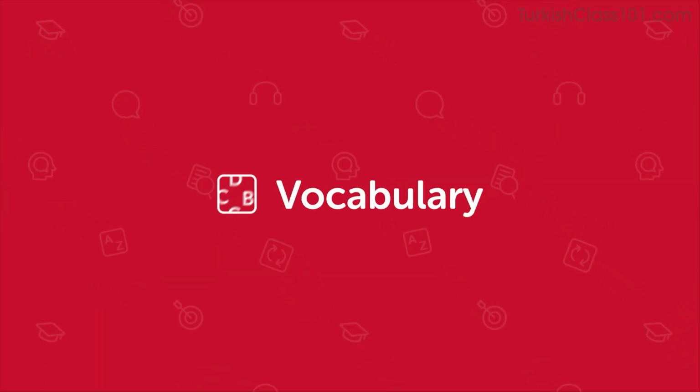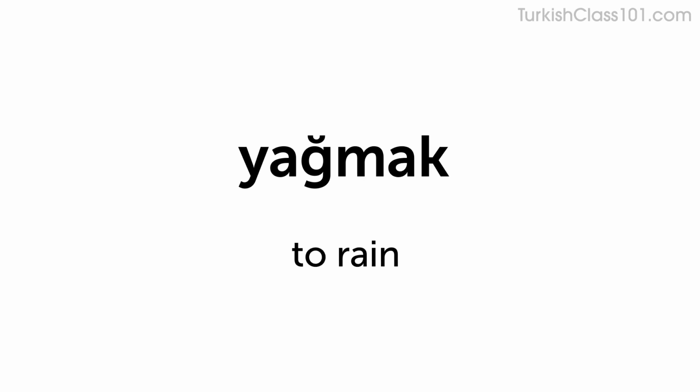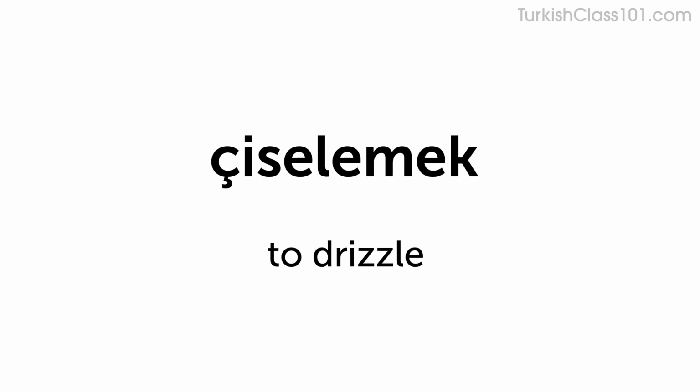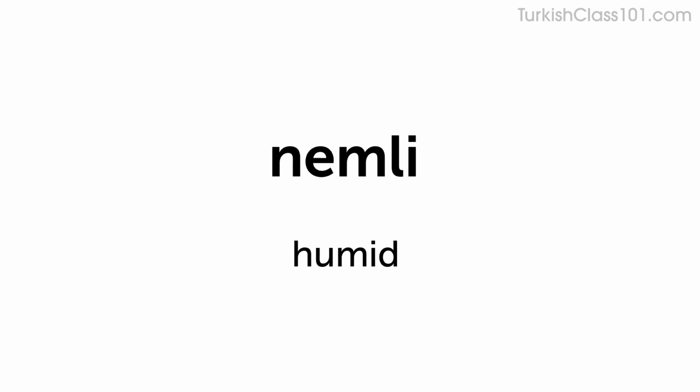Now you'll hear the key vocabulary, followed by the English translation. Yağmur, rain. Yağmak, to rain. Çiselemek, to drizzle. Hava, weather. Nemli, humid. Rüzgarlı, windy.